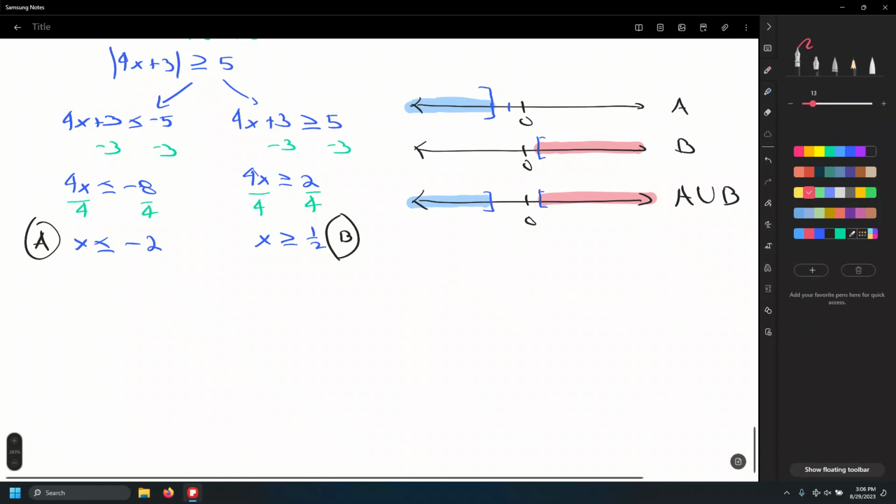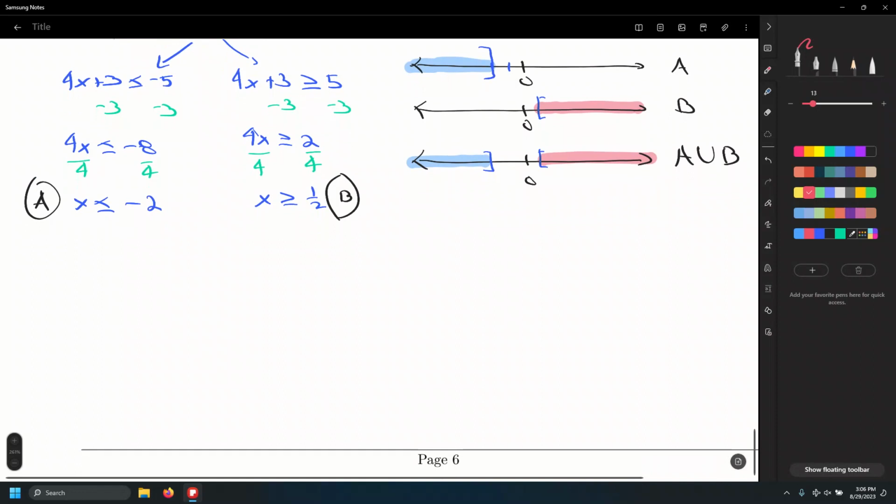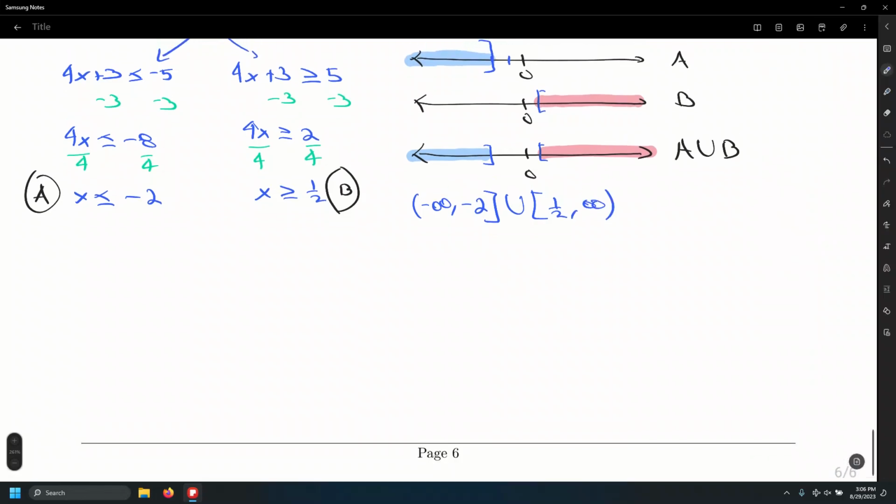All right. So we need to represent the solution, these two shaded intervals, using interval notation. So let's write this down: negative infinity to negative 2 with a bracket, union, open bracket, 1/2 to positive infinity.